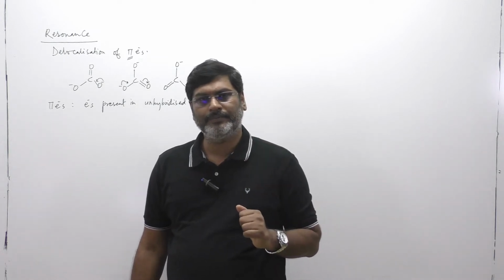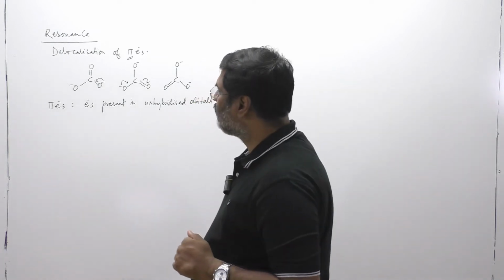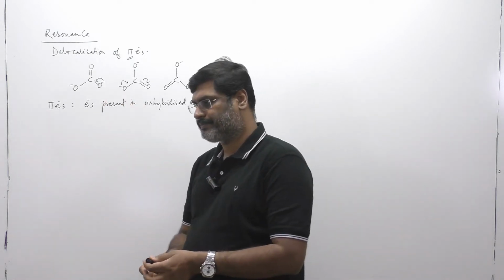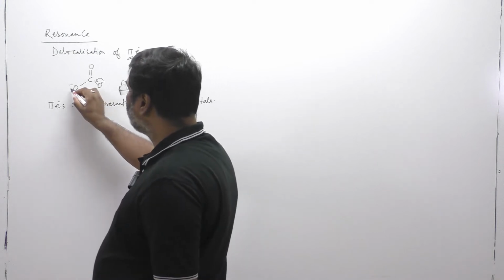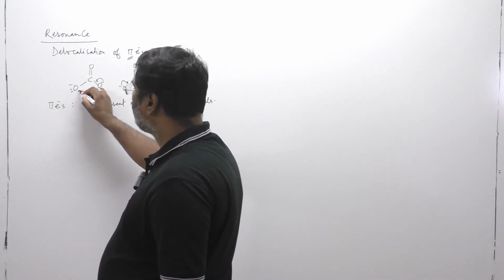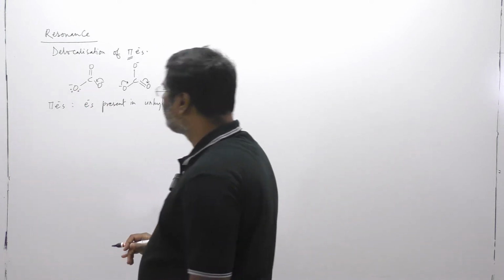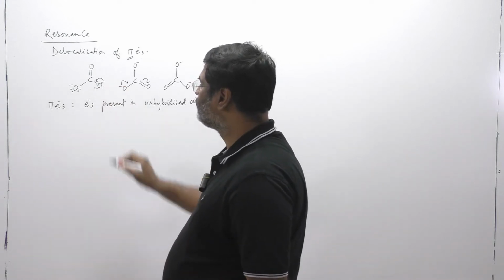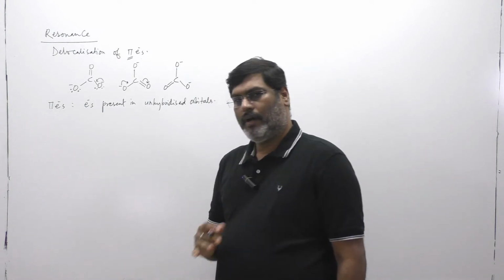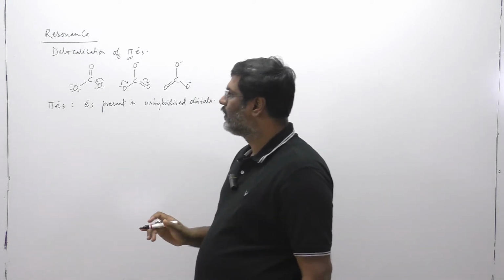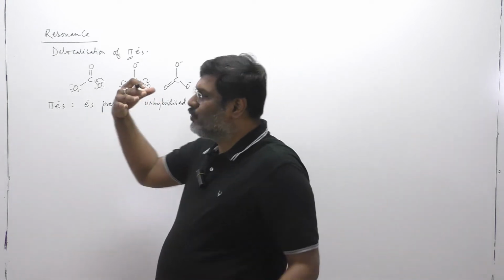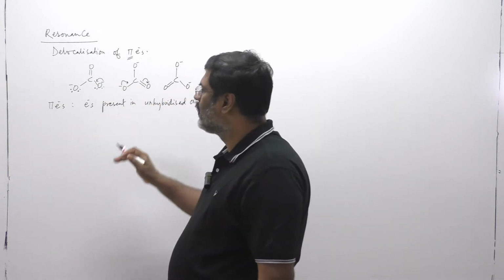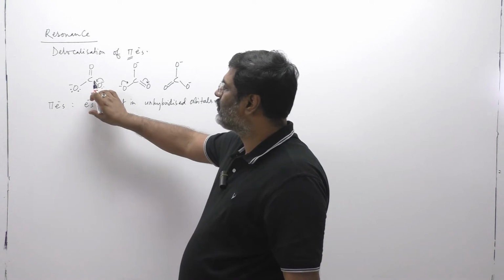Take only this example. Here 2 to 4 we take here. Here also we take. Now I am telling you, as per your concept, as per your perception, how many pi electrons are present in this one?